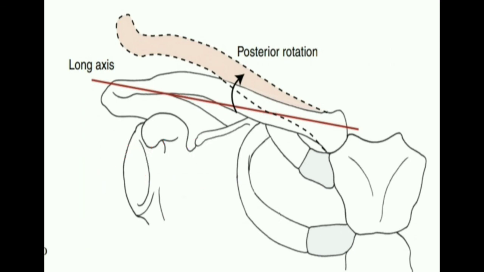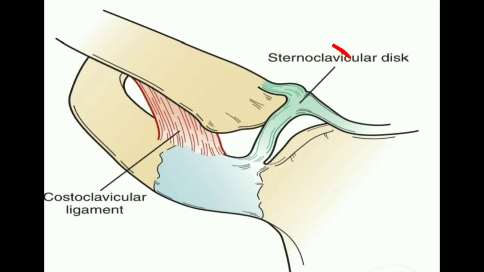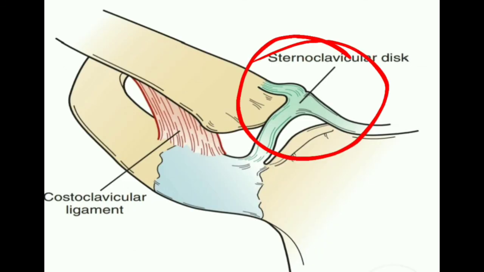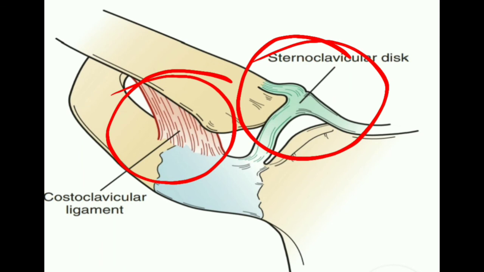Now, why is sternoclavicular joint degeneration very low? Do you have any idea? It is because the sternoclavicular joint has the sternoclavicular disc, this is the sternoclavicular disc, and the costoclavicular ligament, which dissipate the excessive force. Because of this, there is less degeneration and dislocation is also less.